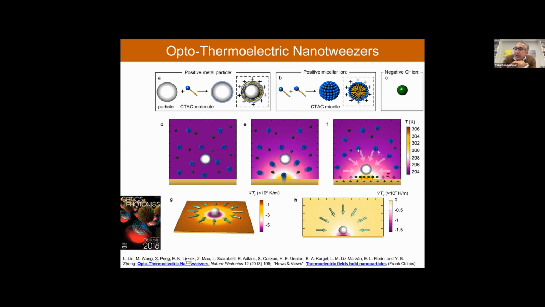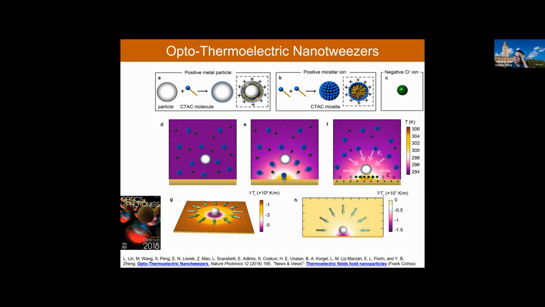So that means that your particle needs to live in a suspension that includes micelles? If you just had normal salt water or something, it wouldn't work.